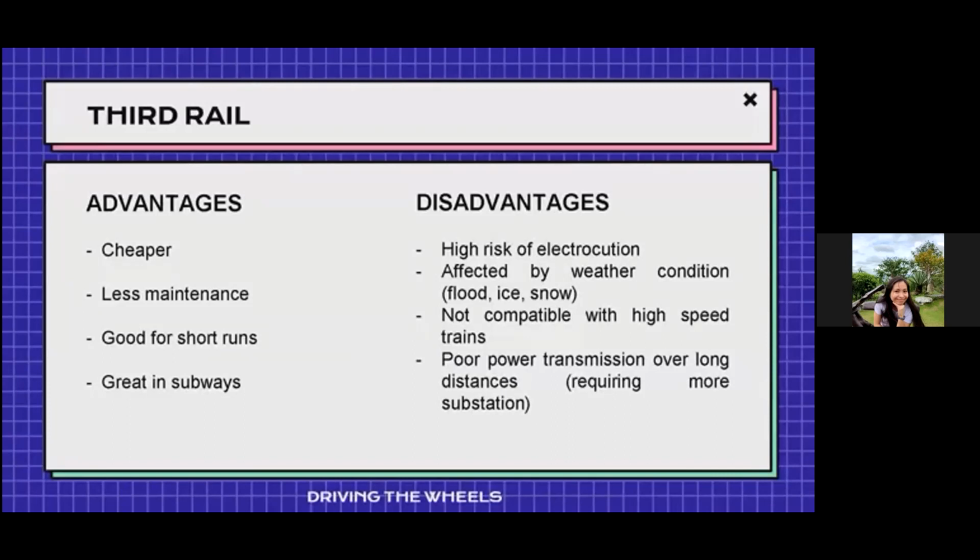Disadvantages yung high risk ng electrocution dahil nga naka-expose yung live rail sa lupa. Tapos madalas din siyang maapektuhan ng mga flood, ice, tsaka snow. Hindi rin siya suitable para sa mabibilis na train. Tapos poor power transmission over long distances.